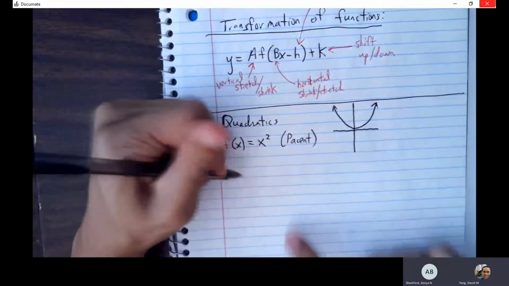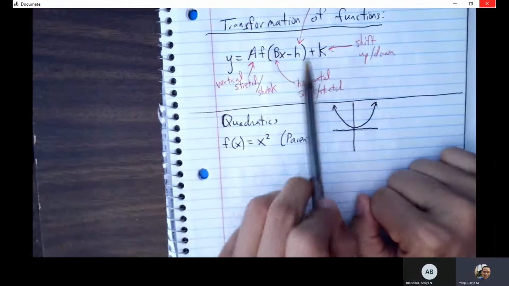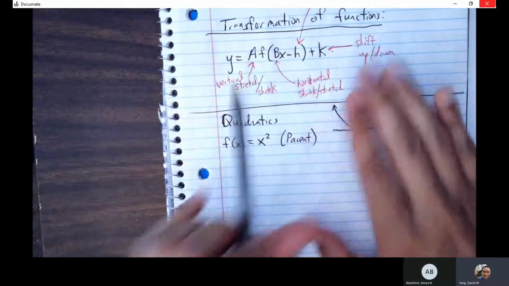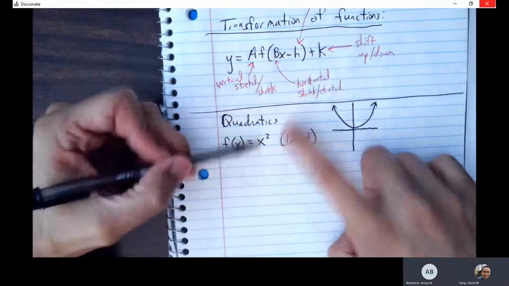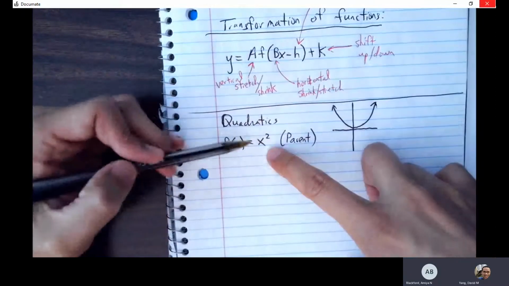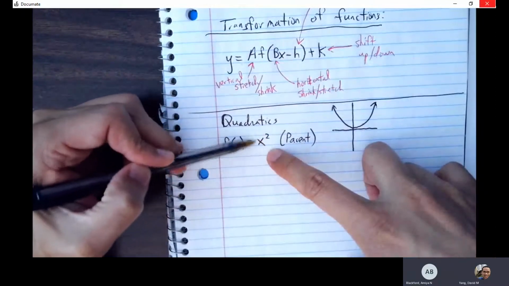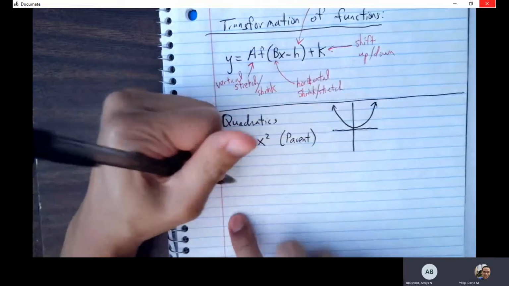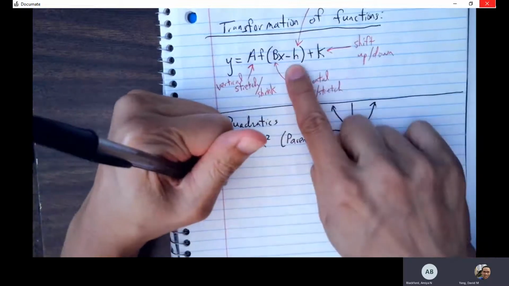So let's say I want to just play with this H right here. Everything else I'm going to leave alone. So I'm just going to insert that H into this x. So this is my function here.